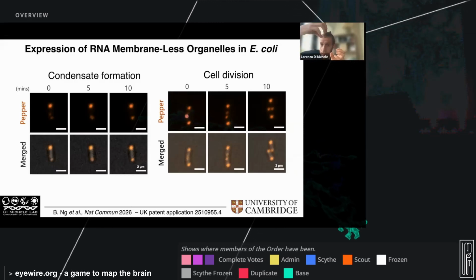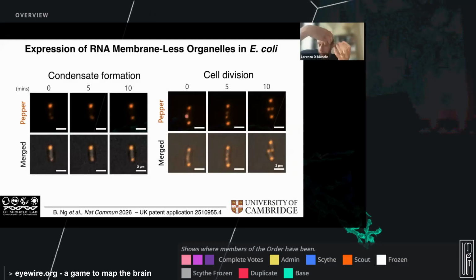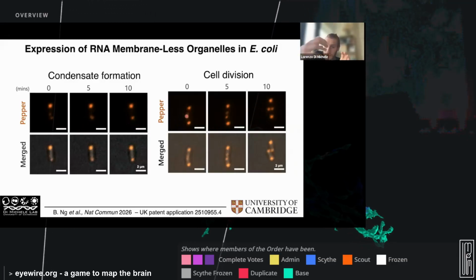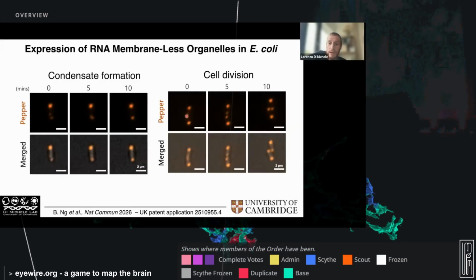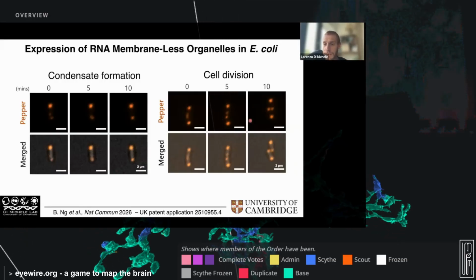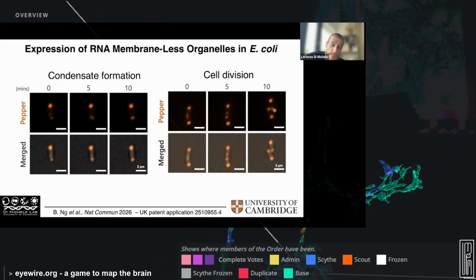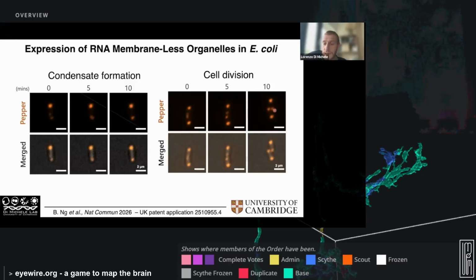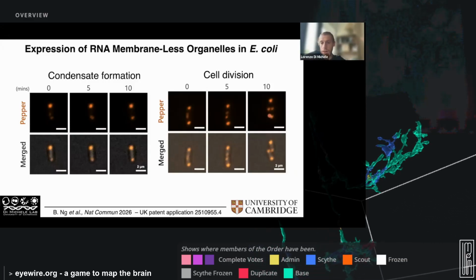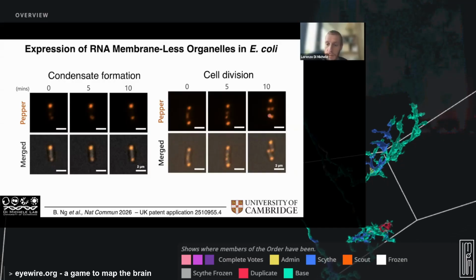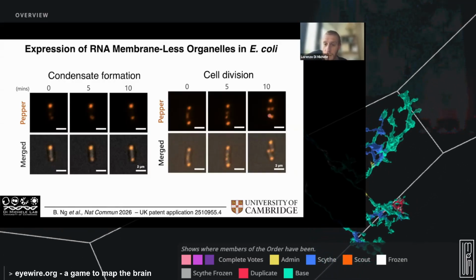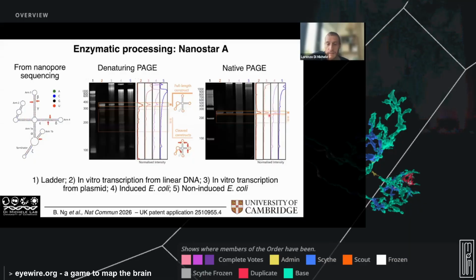We believe that's because space has emerged due to the fact that the cell is dividing and there's no longer the chromosome in the middle. And then the cell will divide, and quite often this center condensate will be split between the two daughter cells, but in other situations it will end up all in one and none of it in the other daughter cell, but we haven't characterized that in great detail.